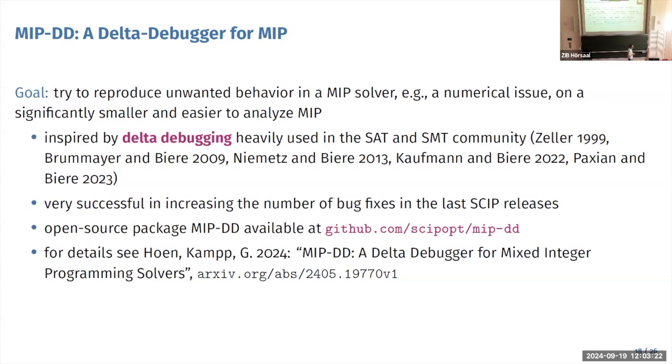That's the general motivation. Alexander Höhn, who is Alex here? Yeah. He's been leading this development together with Dominik Kamp from Bayreuth, and that's been super useful also in the development process of SCIP. It's an open source package where you can interface different MIP solvers in order to automatically do this delta debugging. And of course, I'm mentioning this here because this can also be used when you have a numerical bug or some unwanted behavior that is due to numerics.